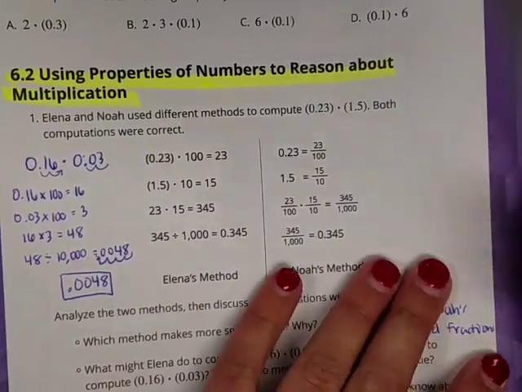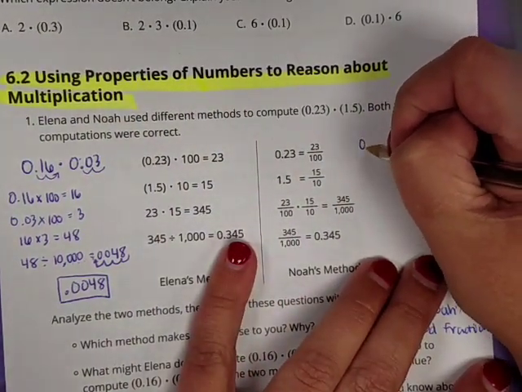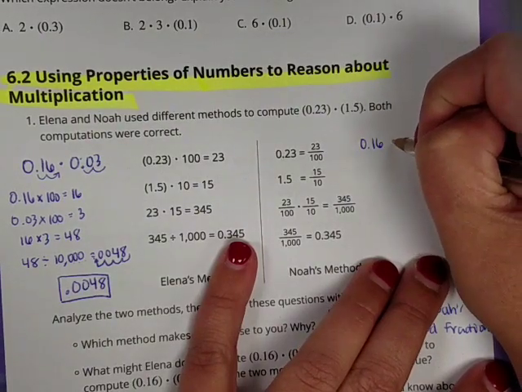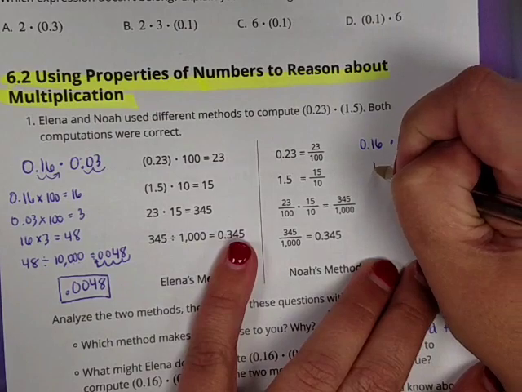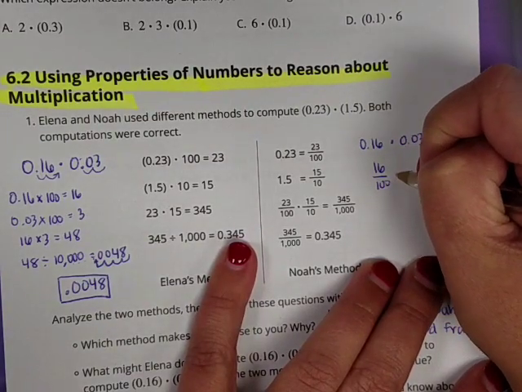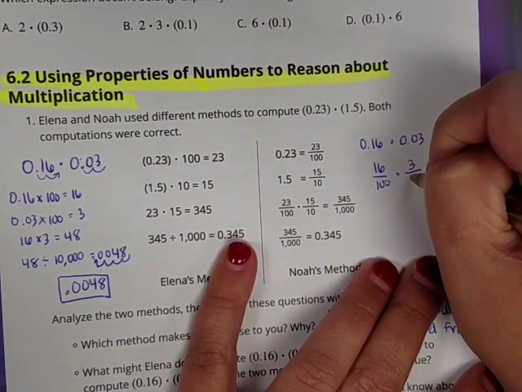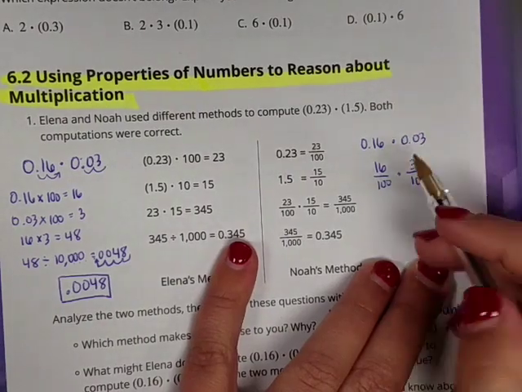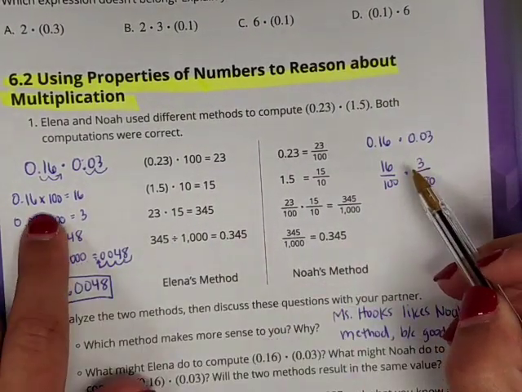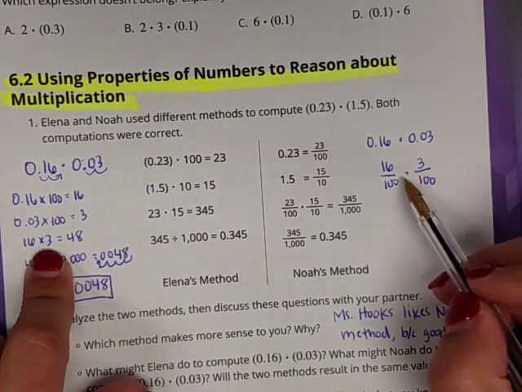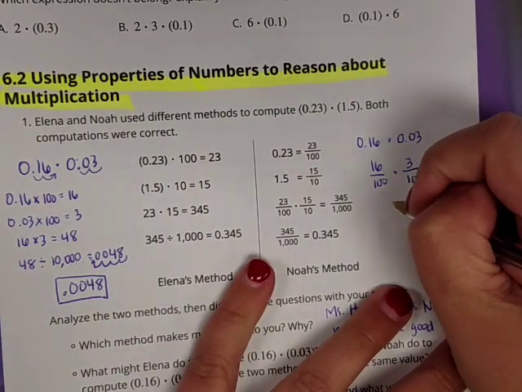And then Noah's version, again, we're going to try it over here. We're going to do his version where he writes it as a fraction. So this is 16 hundredths times 3 hundredths. Then he multiplied his numerator, 16 times 3, which is really what Elena did over here. So 16 times 3 is 48.